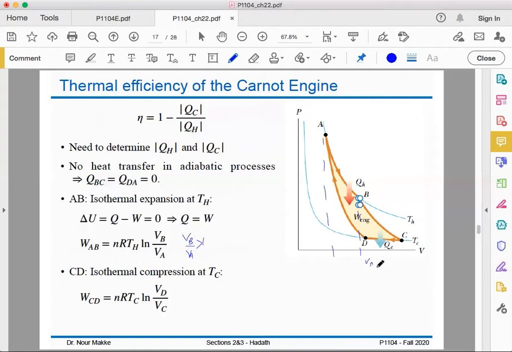So this is VB and this is VA. So here we can deduce that if VB over VA is greater than 1, then ln VB over VA is positive and WAB is positive. Which means that QH is positive, so QH is equal to WAB, which is equal to nRTH ln VB over VA.